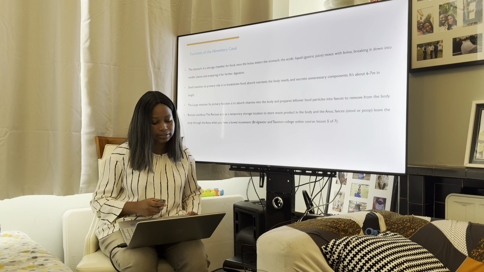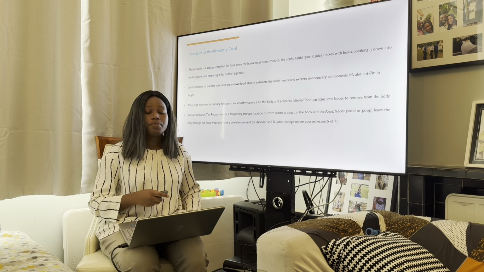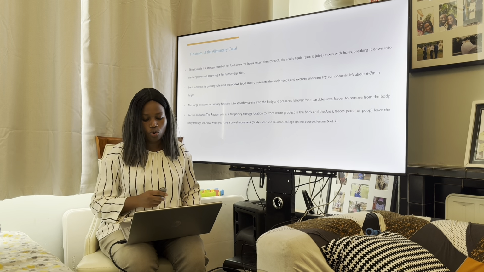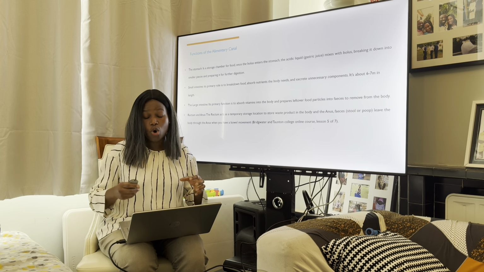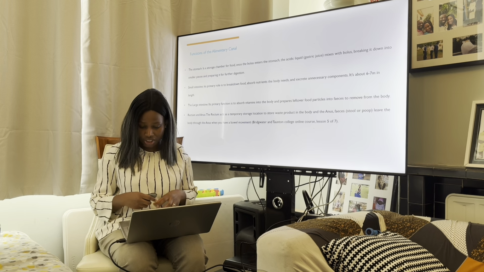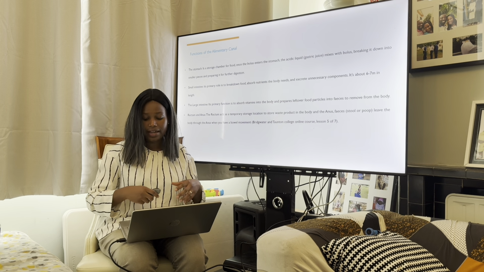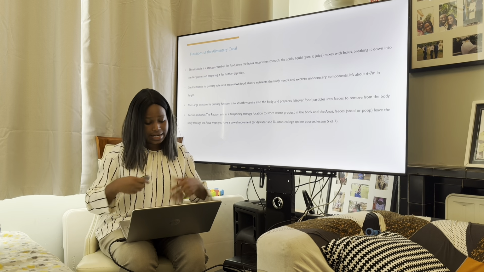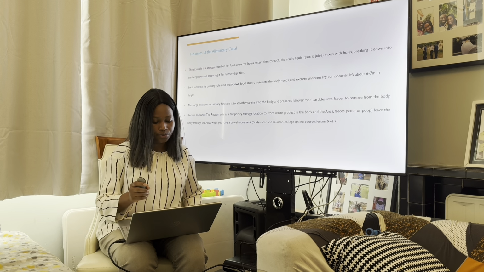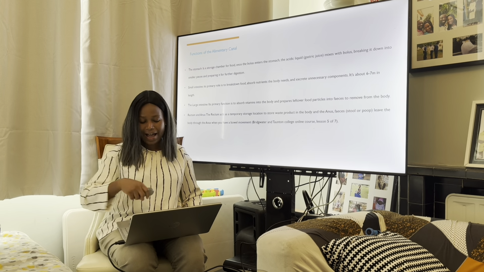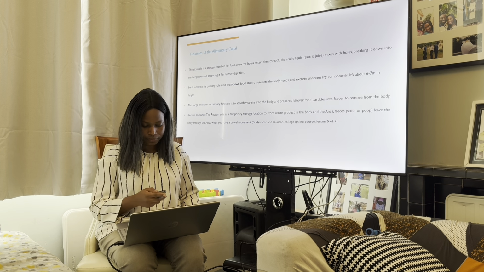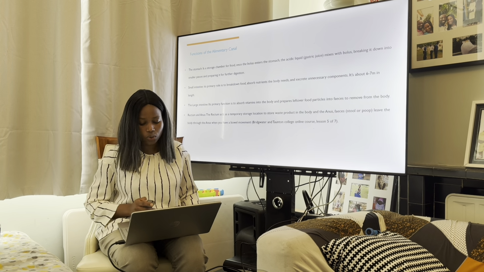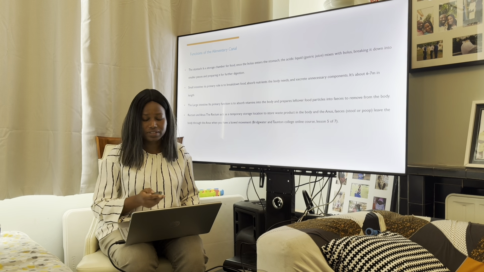Rectum and anus: the rectum acts as a temporary storage location to store waste products in the body, and the feces, stool or poop, leave the body through the anus, when you have a bowel movement. And this is also cited from the Bridgewater and Taunton College online course, lesson 5 of 7.